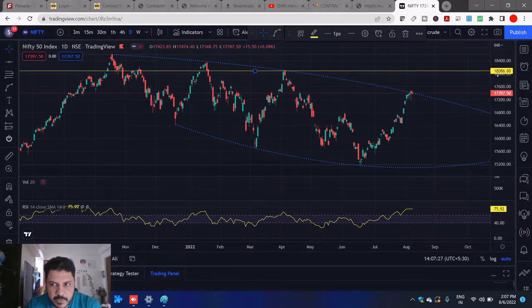So note this level 18,086 is a critical level. Now what is the lowest low here? The lowest low was 15,990. Here the lowest low was 15,293. So this low is lower than that low.